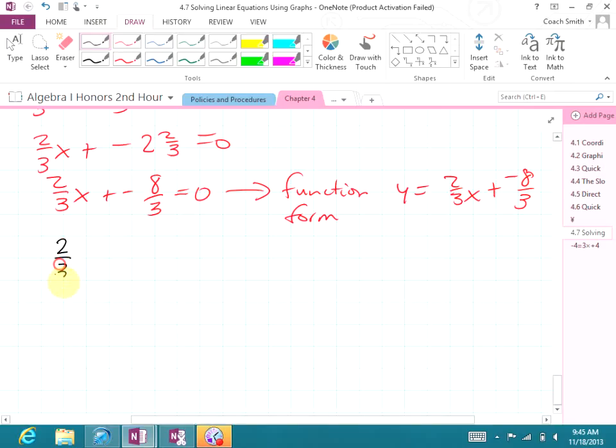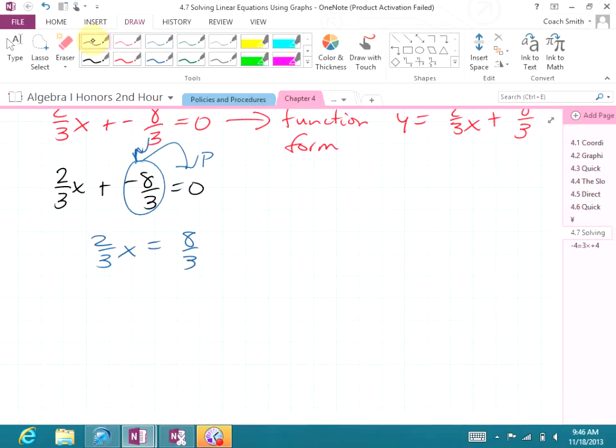So we have 2/3 x plus negative 8/3 equals 0. So I have to take the negative 8/3 to the other side. It was a negative here, becomes a positive there. So that gives me 2/3 x is equal to 8/3.